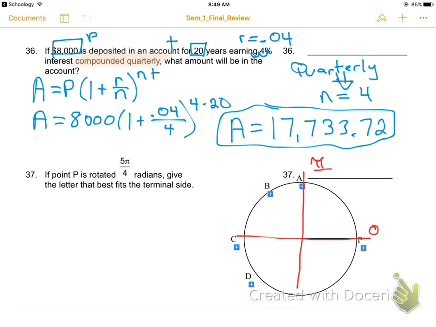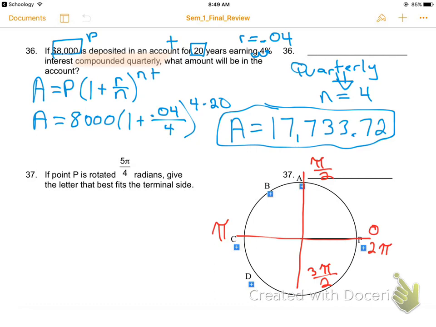This is pi over 2, or 0.5 pi. This is pi. Down there is 3 pi over 2, which is 1.5 pi. And all the way around the circle is 2 pi.